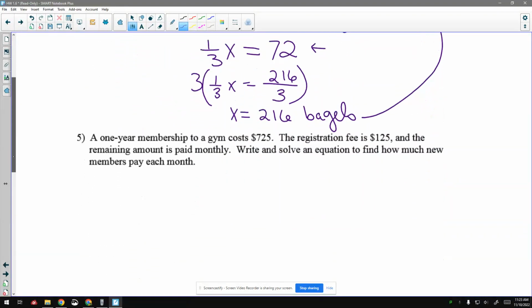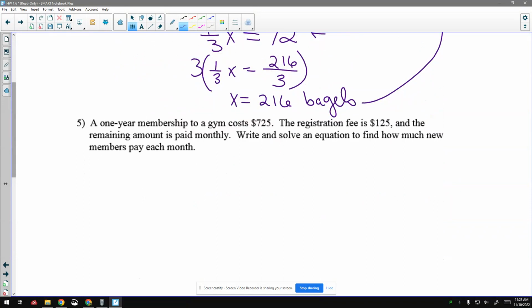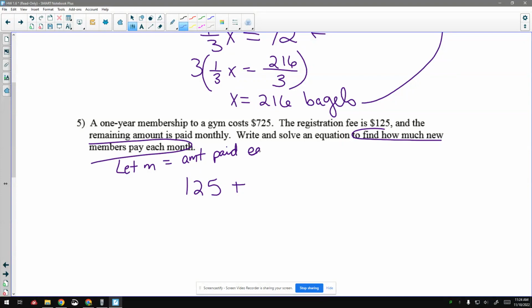Okay, 1 year, a membership to a gym costs $725. The registration fee is $125 and the remaining amount is paid monthly. Write and solve an equation to find how much new members pay each month. So we're going to let M equal amount paid each month.